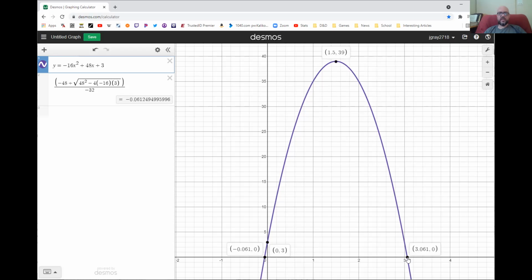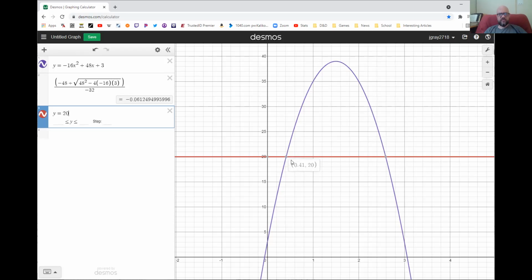Or if you want to know how long it takes to get 20 feet high or whatever, you're looking for when it is at these points, and you do the same thing. Instead of setting y to 0, you set y, or h, to whatever you want the height to be, and then solve the resulting equation. And we know how to solve quadratic equations, so that shouldn't be too bad.